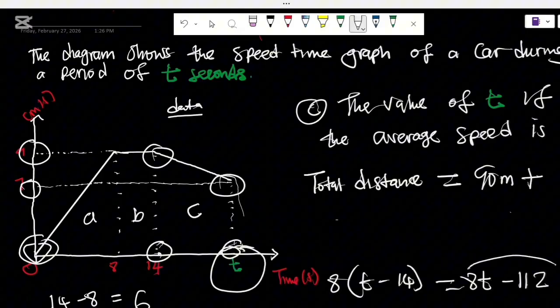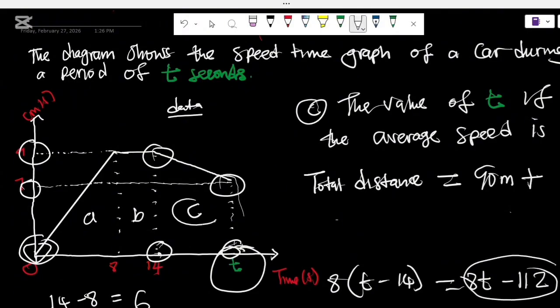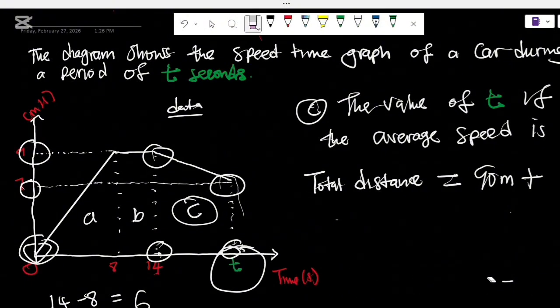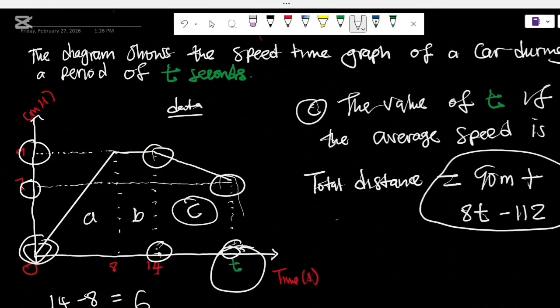So this is the distance for this particular area, and so we can go ahead and add it to this. So we are going to get 8t minus 112. So this is the total distance that we are going to have. Now the total time taken is actually t. This t here is the total time taken. So we have this information.